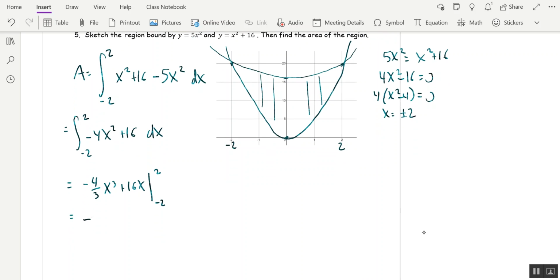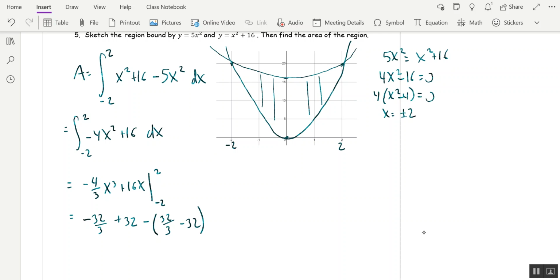So this gives us -32 thirds plus 32 minus, when I put -2 in, I get positive 32 thirds minus 32.